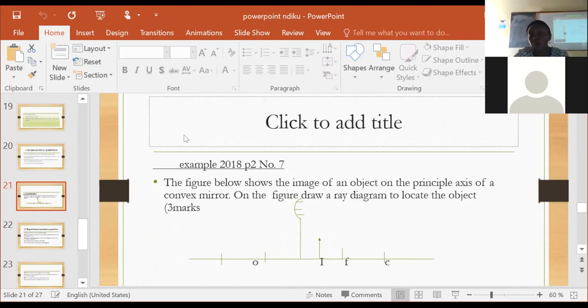When we are drawing the rays here, the rays must be drawn with broken lines where they are virtual. When we are drawing the rays, if they are real, they must be continuous. If they are virtual, then they must be broken.